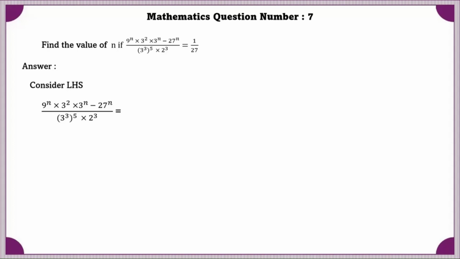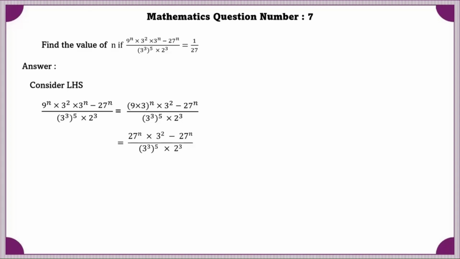Notice that the number 27 appears several times in the expression. We also have 3 and 9, which can easily be rewritten to form powers of 27. So let's express all the possible terms in terms of 27. After expressing the terms as 27, we will get 27 to the power n into 3 square minus 27 to the power n by 3 cube whole to the power 5 into 2 cube.